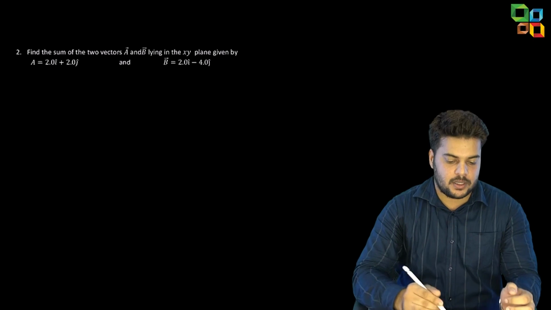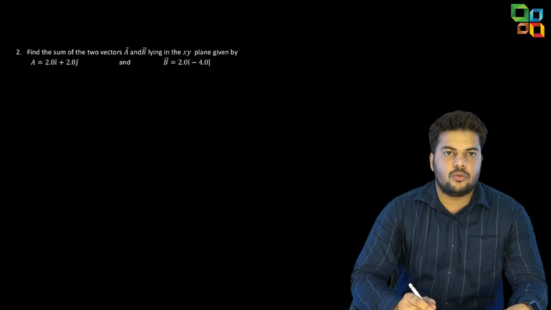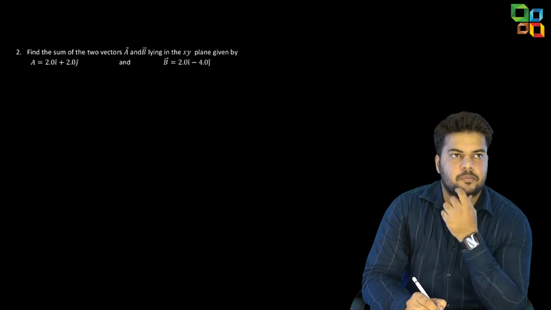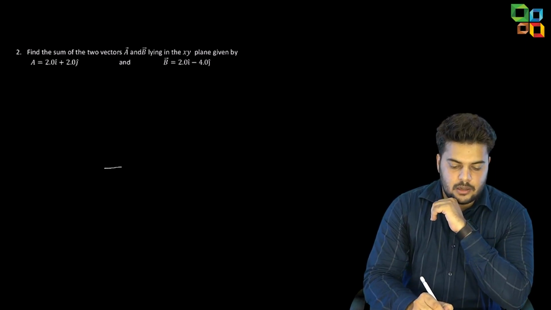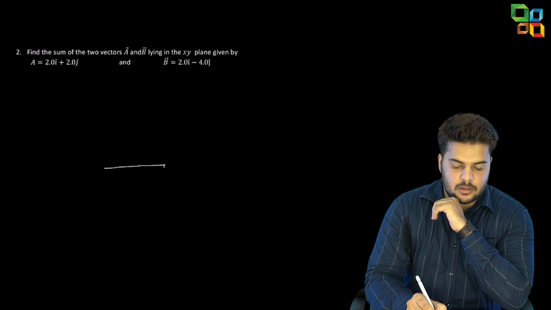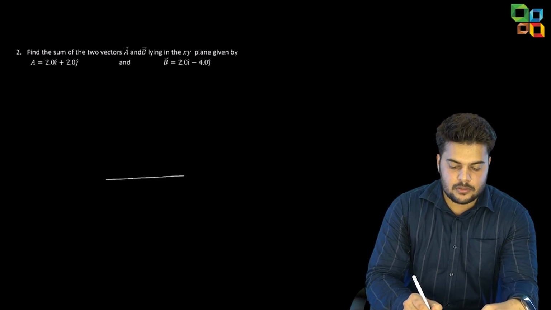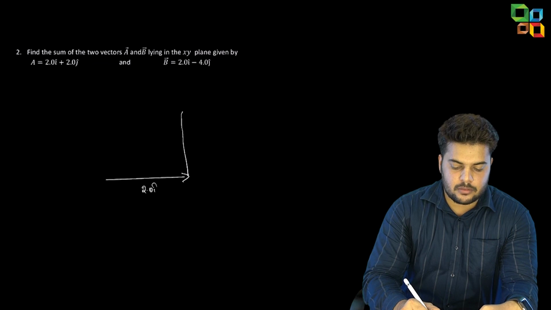Let's draw it up. What does vector A look like? 2i plus 2j. So vector i is 2 steps to the east, 2 steps to the east, and 2 steps to the north.